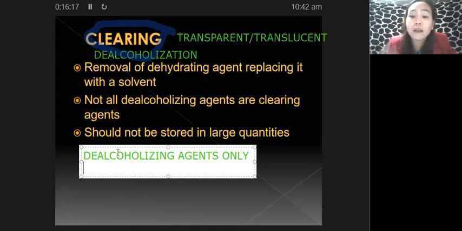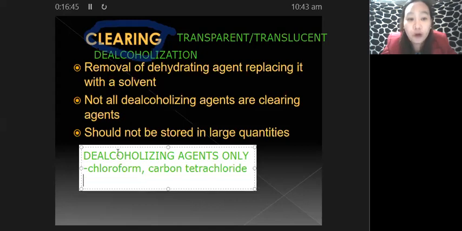However, they do not make your tissue sample transparent or translucent. So what are these reagents? We have chloroform, and the other one is carbon tetrachloride. So these are dealcoholizing agents only.